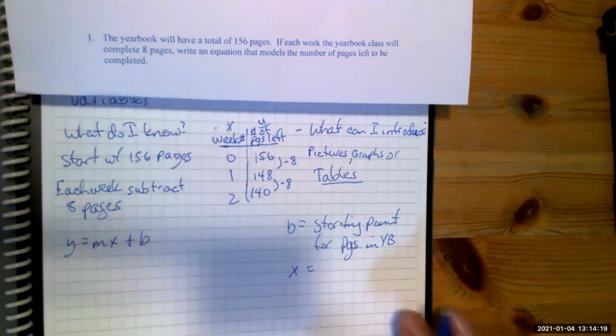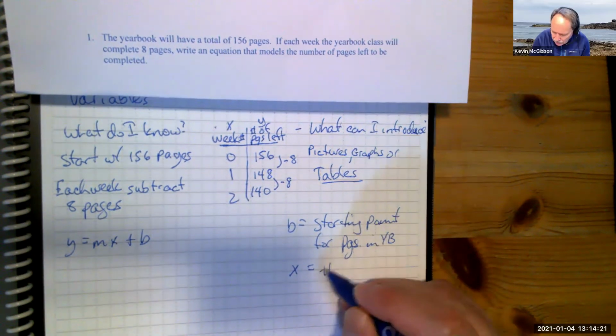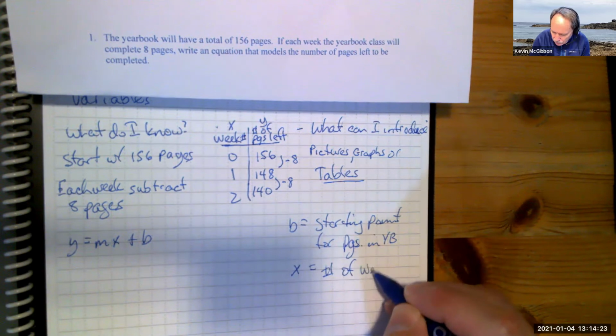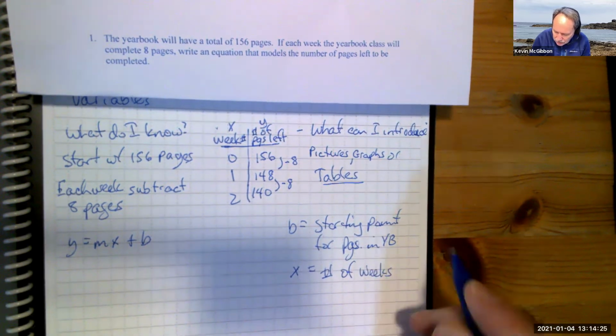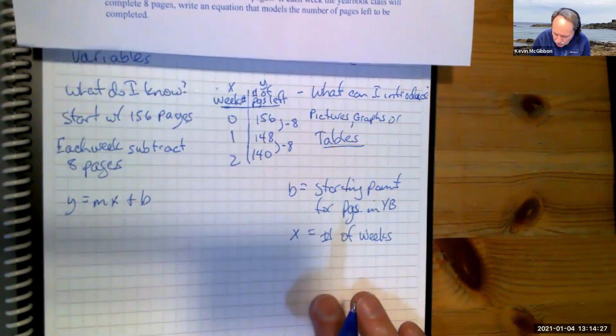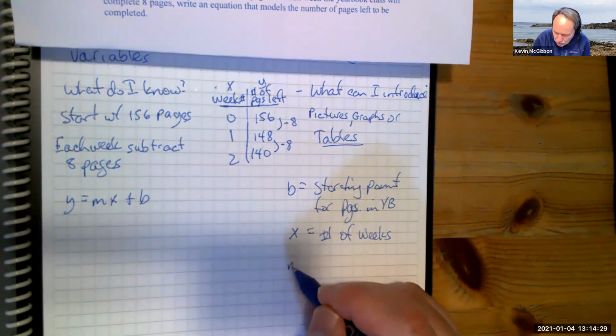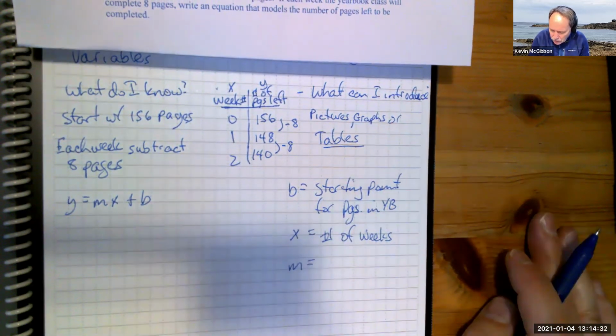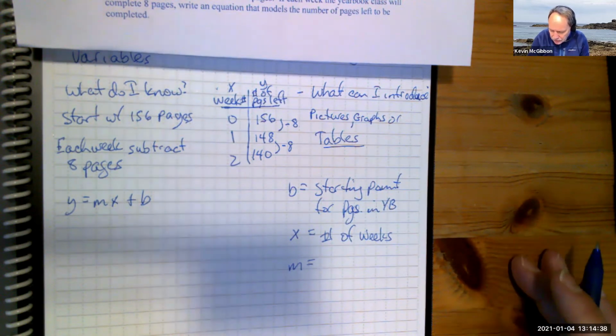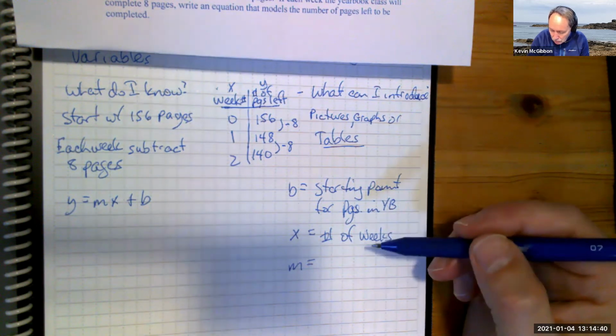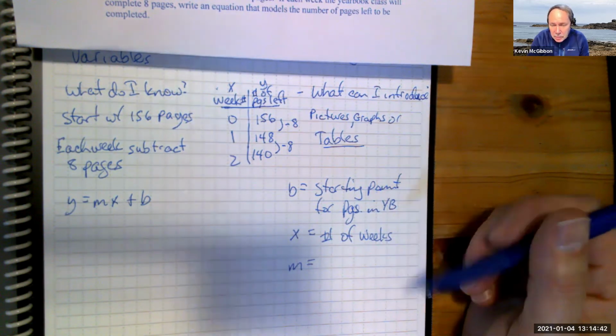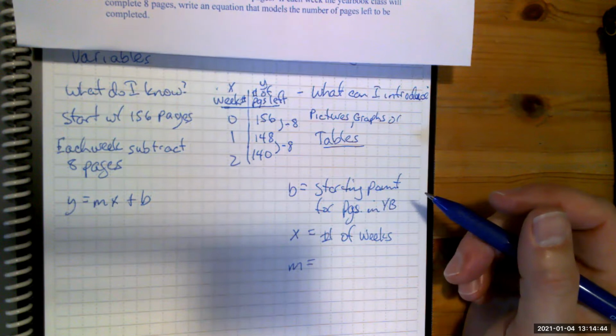Let's just put number of weeks. And that leaves what? Our slope. I think that's in our table as well, isn't it? That's pages that are left, or even the pages that we take away per week, right?